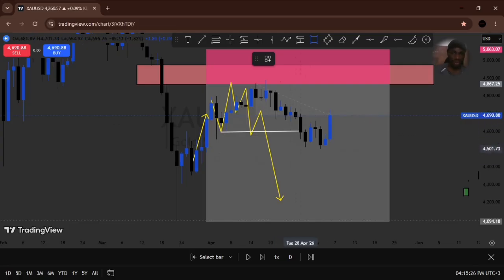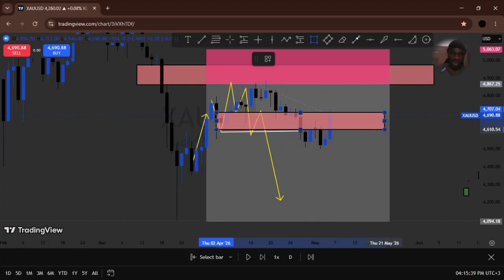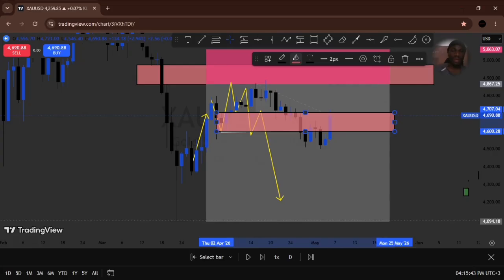So the second entry is going to be taken within this failed OB zone. A breaker block is the opposite of an OB zone, so this is our second entry, being taken within that failed order block.